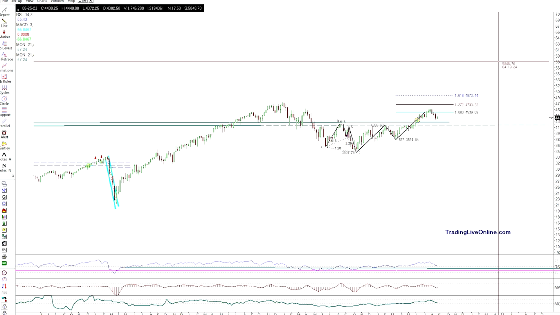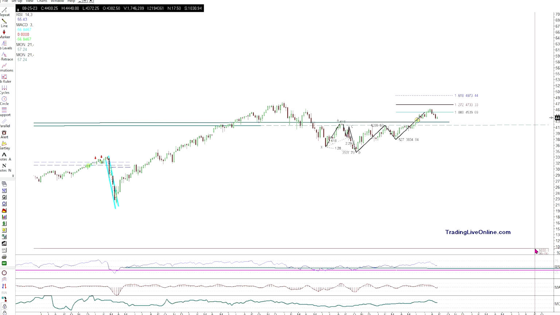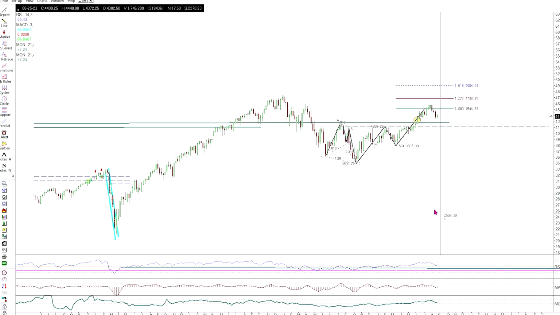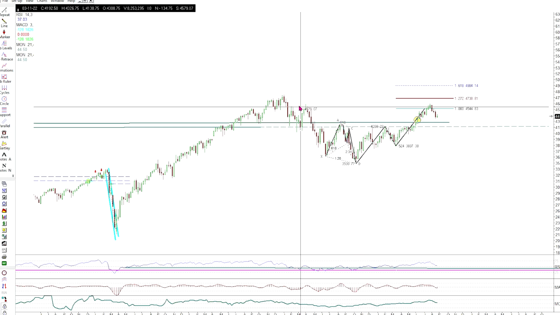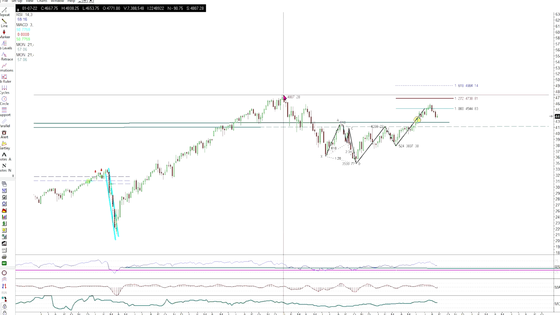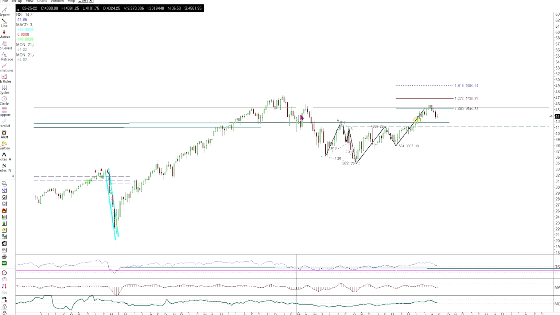This is a futures chart, a continuous contract, and we're on the weekly time frame right now. So I thought what I would start out with and show you is, first of all, here's the highs back from 2021, early 2022.